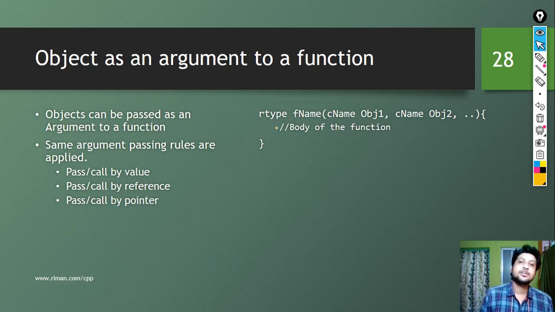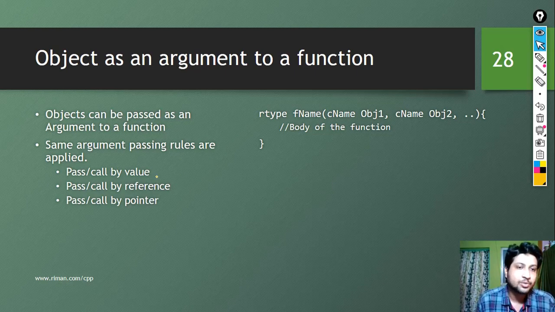Now, objects as an argument to the function. If we have created some objects of a particular class, we can pass those objects into a member function, and all the rules of normal argument passing apply to objects passed as arguments.